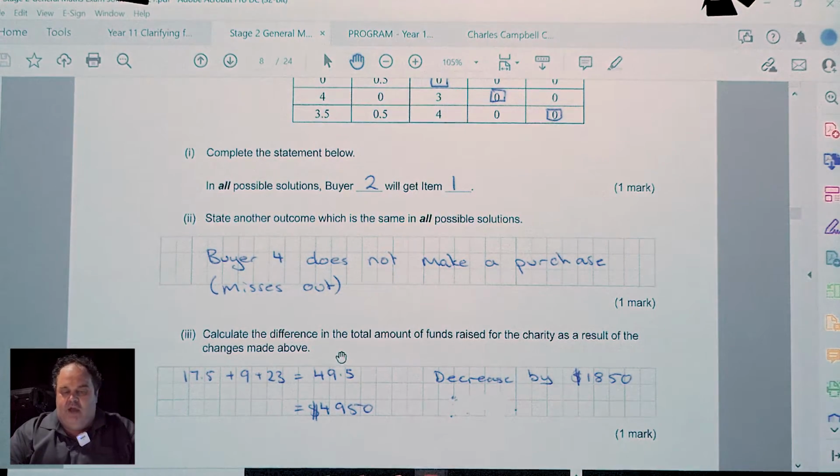Although it says difference in total amount raised, nobody was actually looking for the 1850 because it's only 1 mark. But that's where you need to look at how much the mark is worth. Good students are going to put in 1850. Most of the students are probably not going to do it, but it's 1 mark. They've done the mathematics. They've done what they've been asked to do. So they're going to be given that mark there.